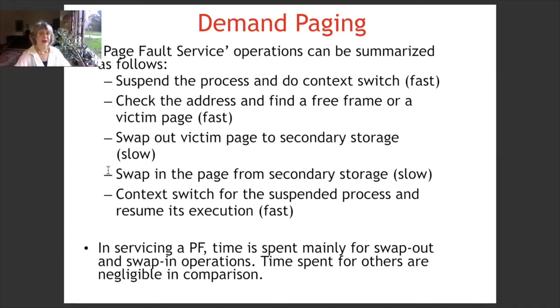Swap in the page from the secondary storage. This is another slow operation. Context switch for the suspended process and resume its execution. This is a fast operation. In servicing a page fault, time is spent mainly on swap out and swap in operations. Time spent on the others is negligible in comparison.